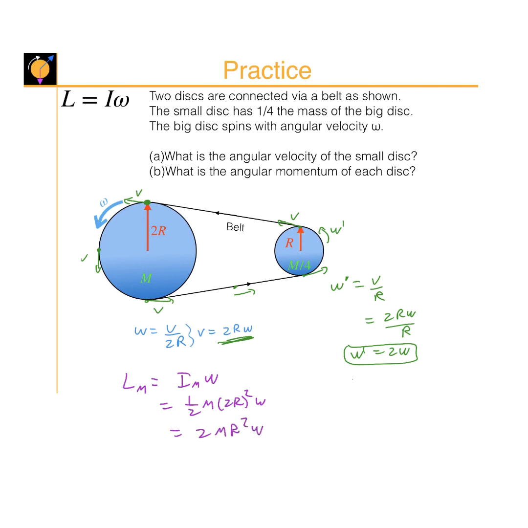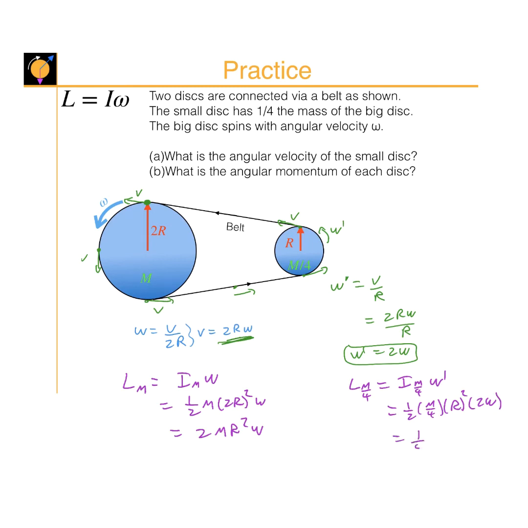What about the smaller disk, which has a mass of 1/4 of that? So it's going to be the moment of inertia of the smaller disk times its angular velocity. And I do 1/2 times the mass, which is m over 4, times the radius, which is r squared, times its angular velocity, which is 2 omega.